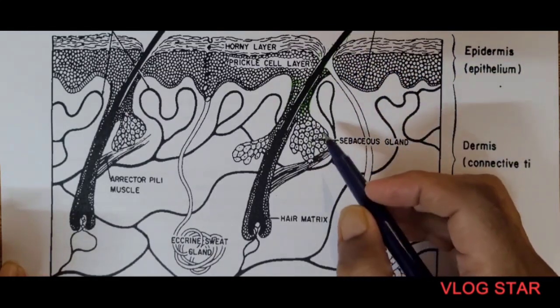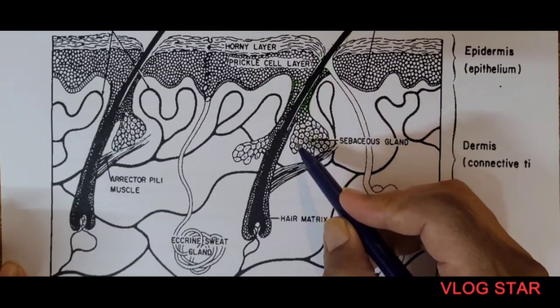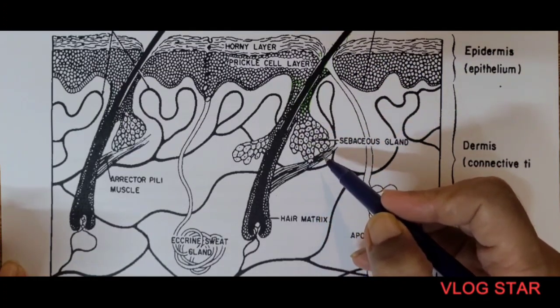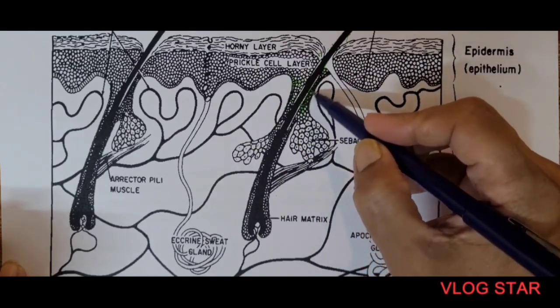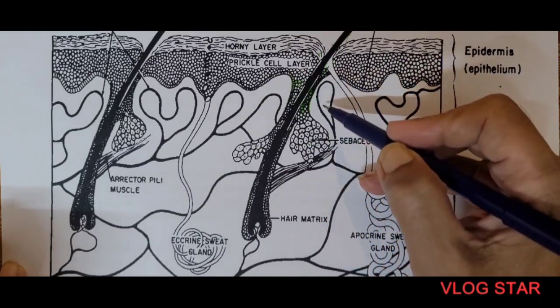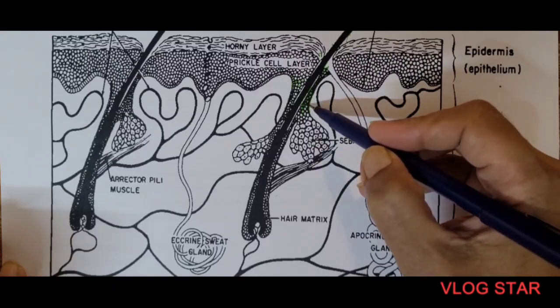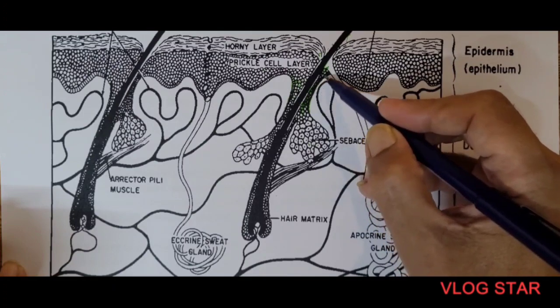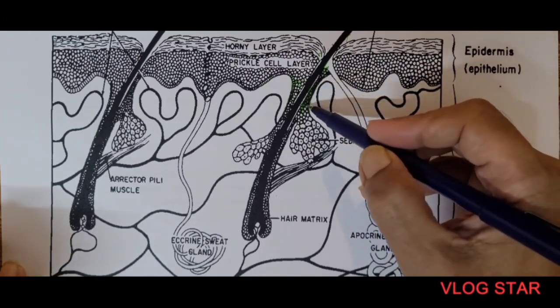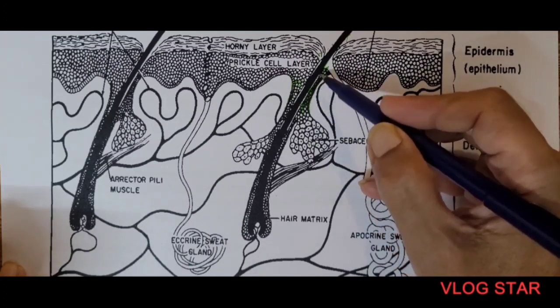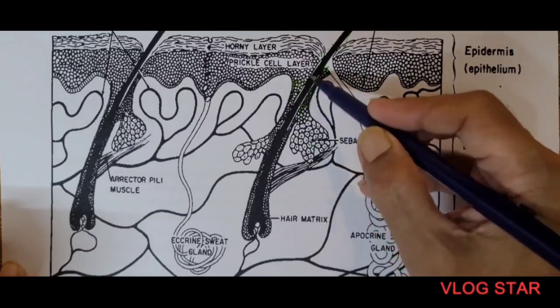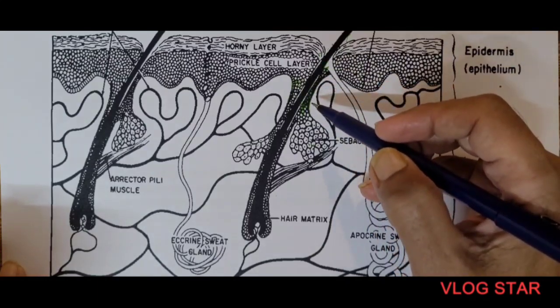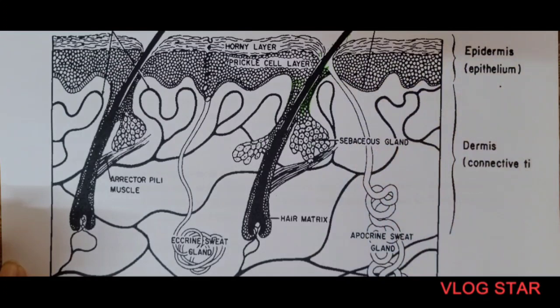Acne is caused when the sebaceous gland, in certain conditions, becomes overactivated, and at the same time the sebaceous duct gets hyperkeratinized, meaning sebaceous duct walls are made up of keratin cells, and sometimes these keratin cells become thickened and block the sebaceous duct. Right? Two conditions.